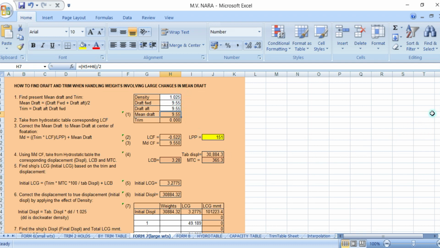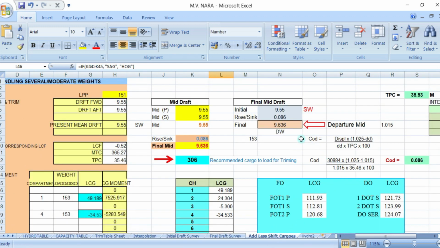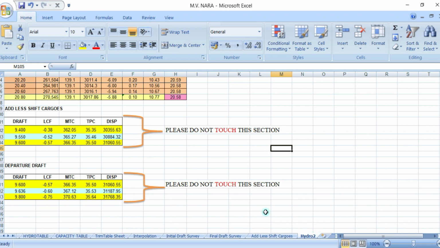Then what will be her draft if she floats in 1.015? So here the draft will be 9.636, which is this one, and her displacement will be 31188.6, or 31187.